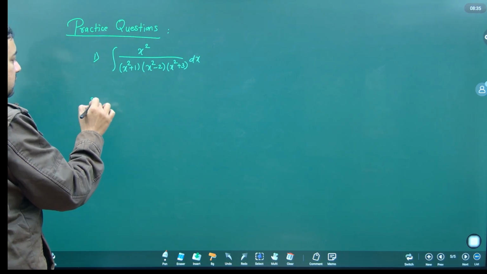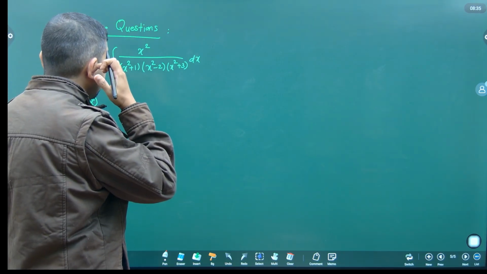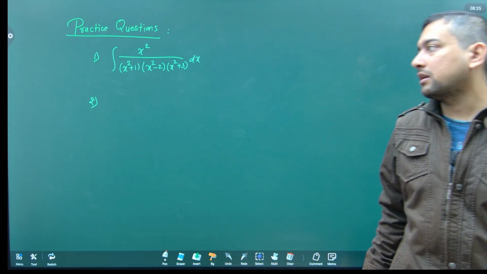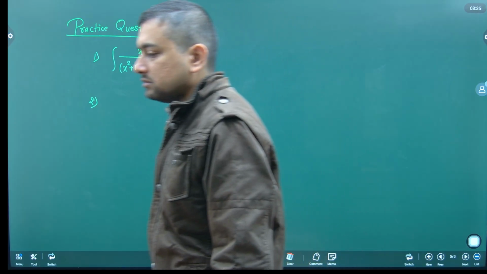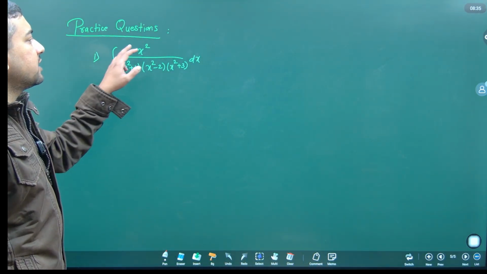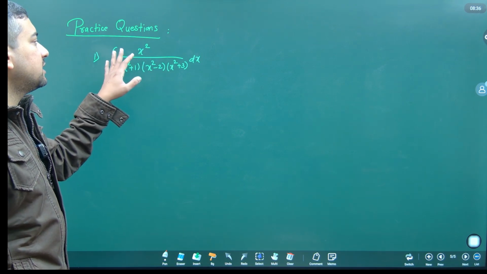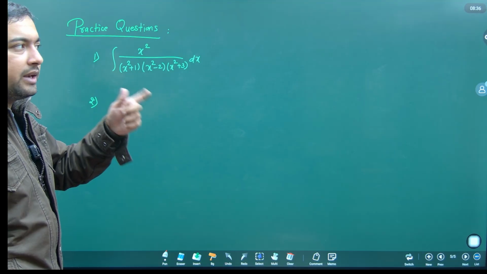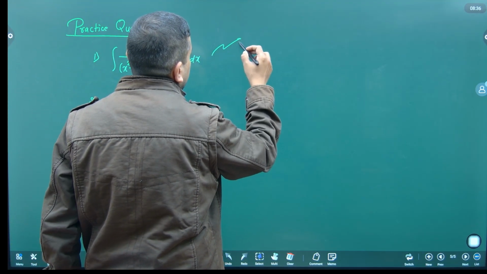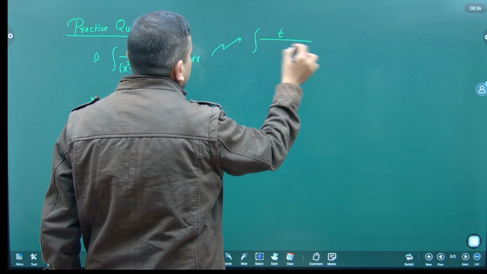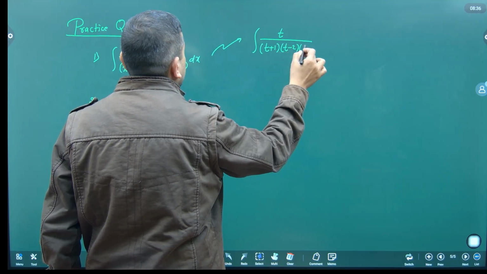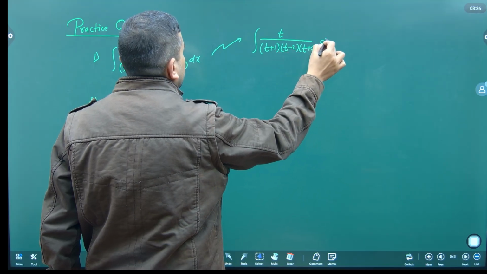Now some students may feel that the denominator has a quadratic factor and we have not done it like this. See here, if I consider x square as some variable, let's say t, my example becomes what? t upon (t plus 1)(t minus 2)(t plus 3). Is it correct?